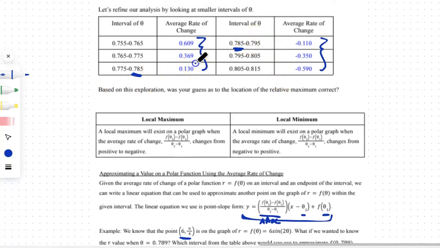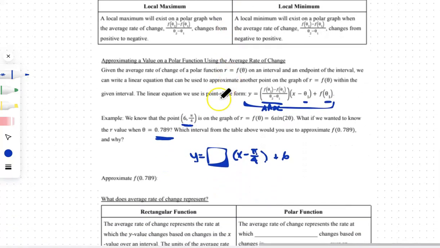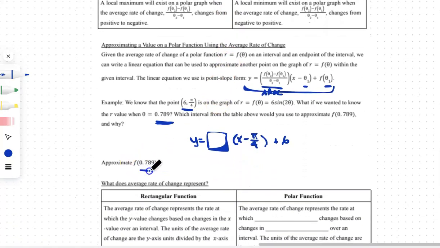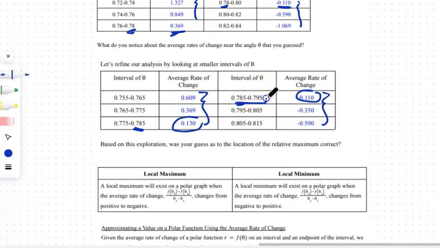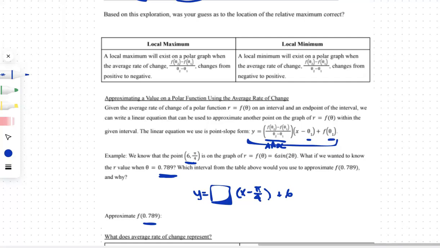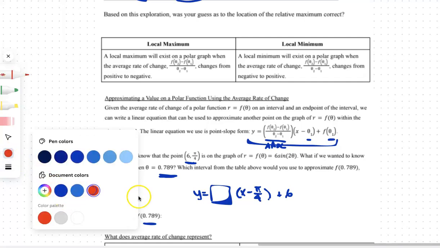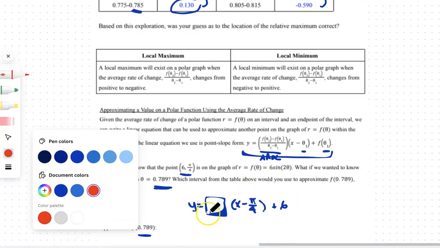We could use either this one or this one, because around pi over 4, I come in from the left or from the right. But now I'm realizing they're asking us specifically to approximate at 0.789. 0.789 sits on this interval, so we're going to use the average rate of change on that interval as the slope of this line, and that value is negative 0.11.